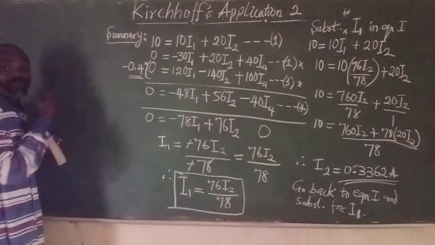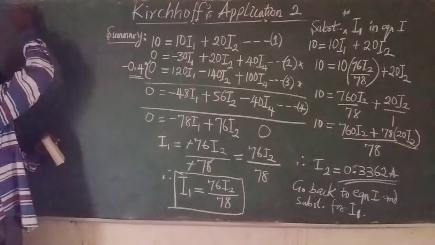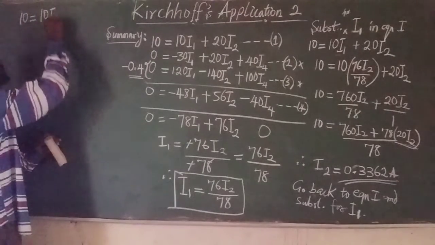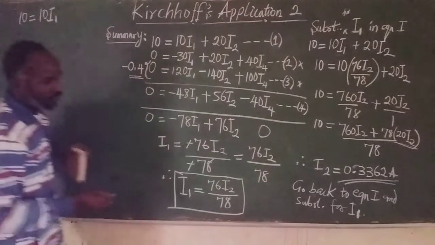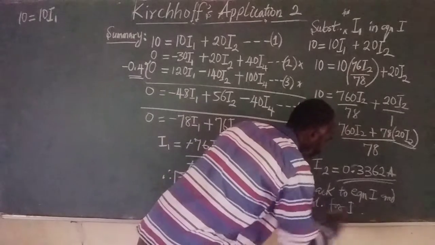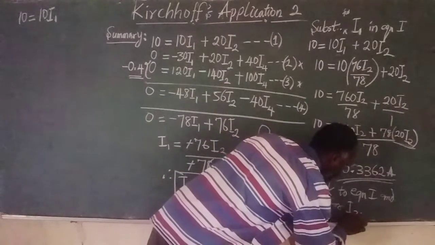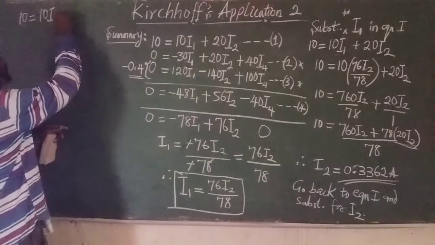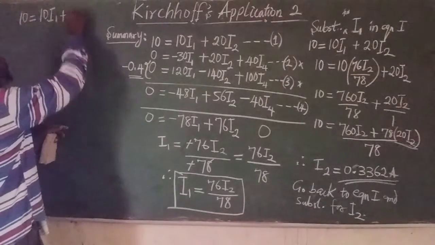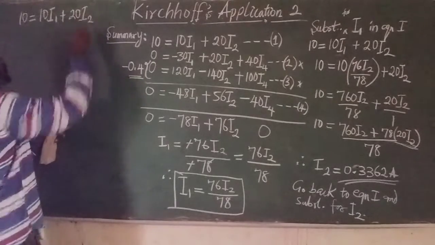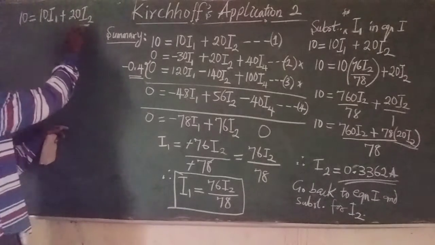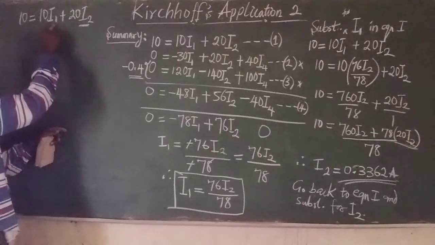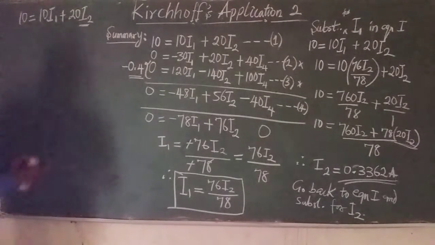And equation number 1 is 10 is equal to 10 I1, plus, remember it's plus 20 I2. We substitute for current 2 for us to find current 1. We already know the value of this, so we make current 1 the subject and substitute.